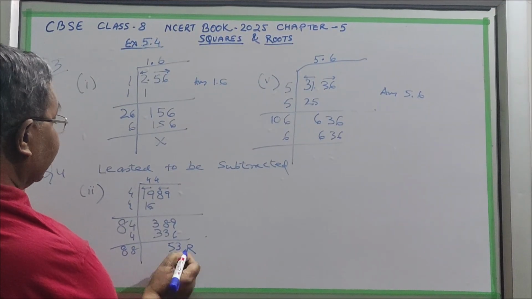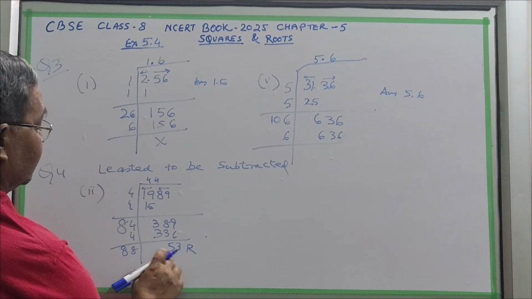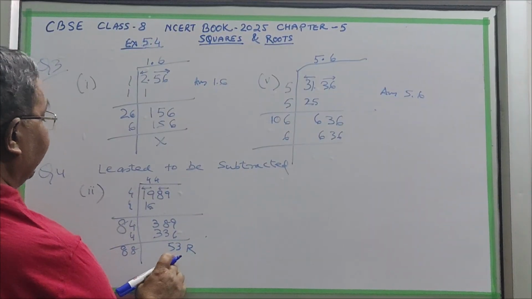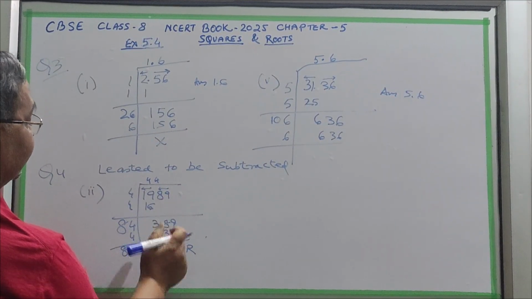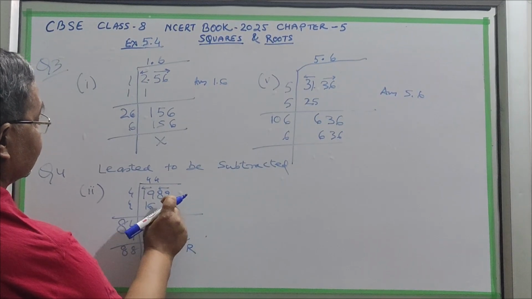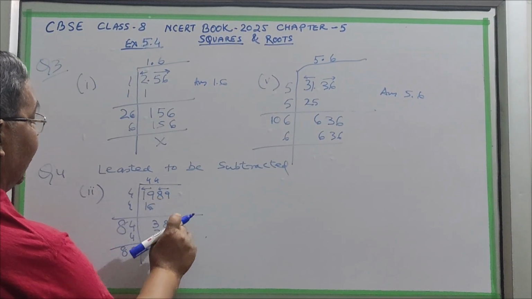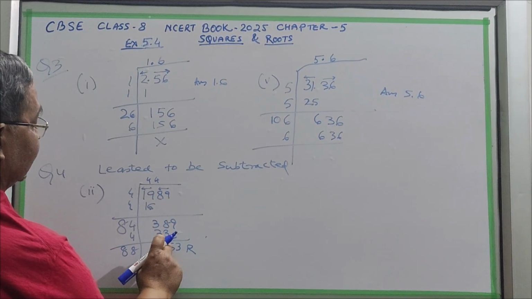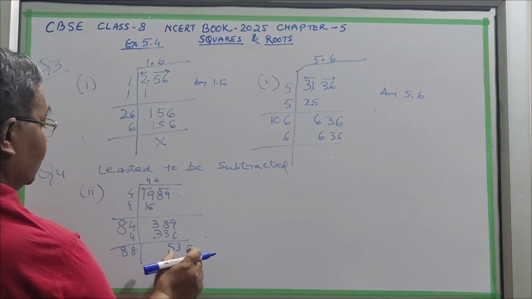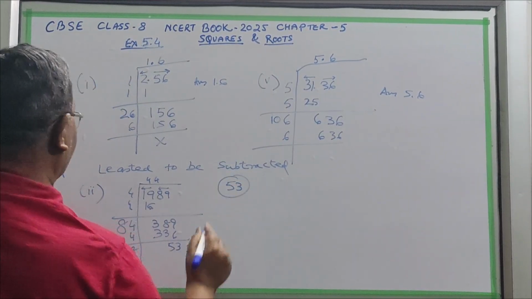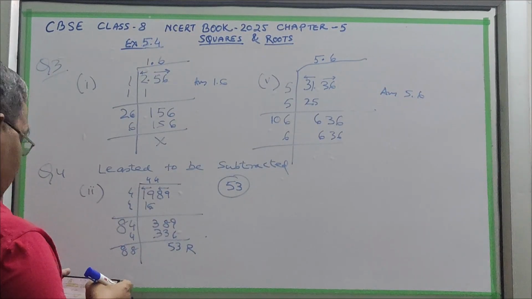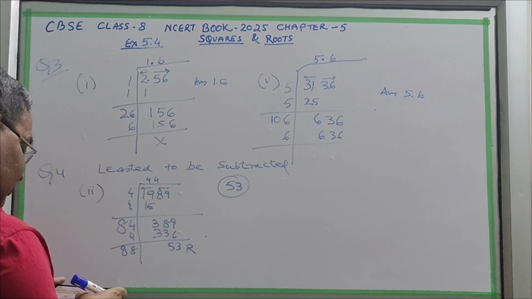It means if from the number we subtract 53, here it will become less number, and here it is less number. So if we subtract 53 from this number, this will also reduce, and then it will be divisible. So your answer is 53. 53 is to be subtracted.